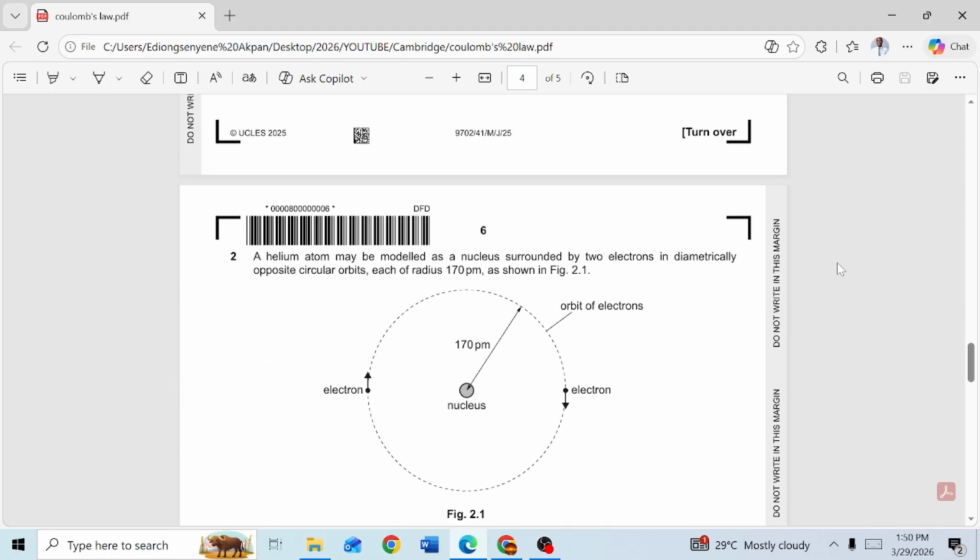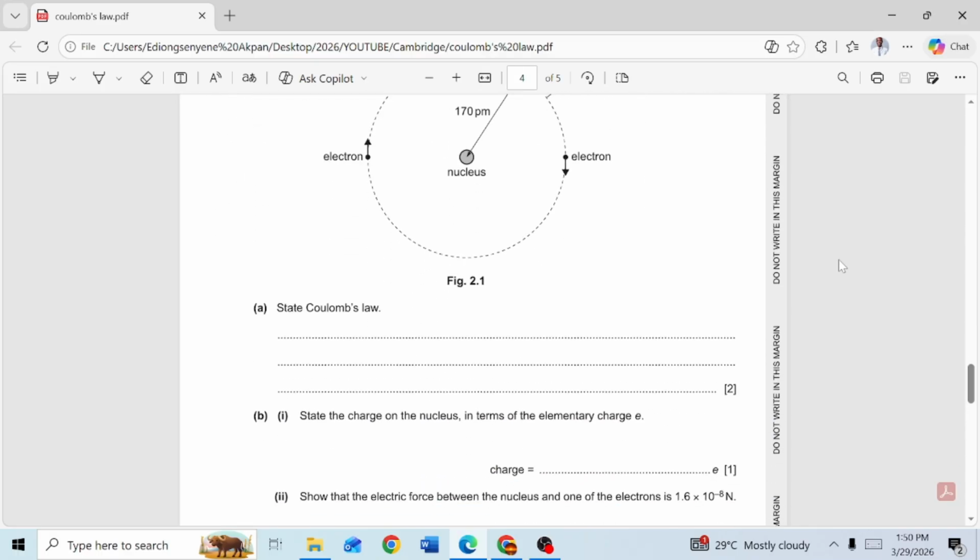A helium atom may be modeled as a nucleus surrounded by two electrons in diametrically opposite circular orbits, each of radius 170 picometer, as shown in figure 2.1.